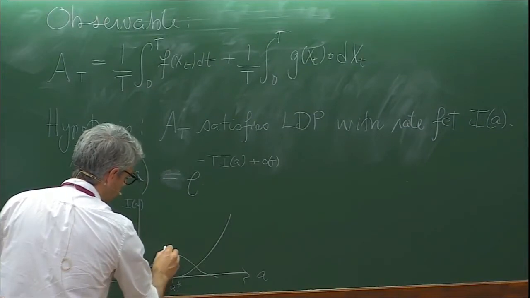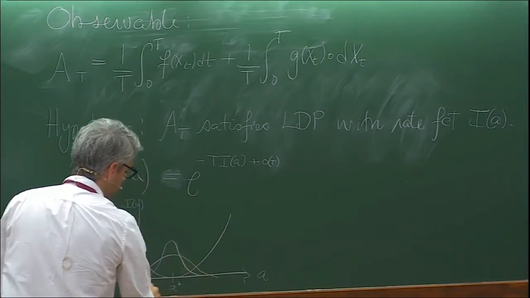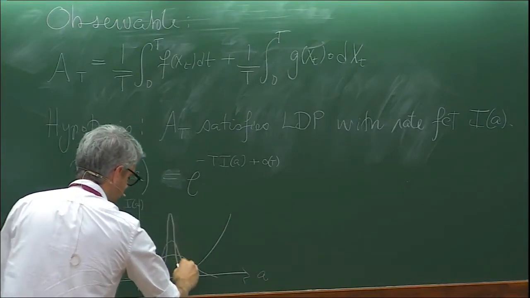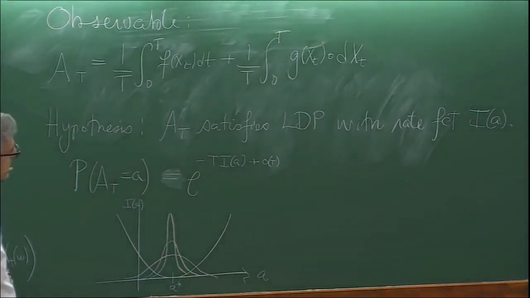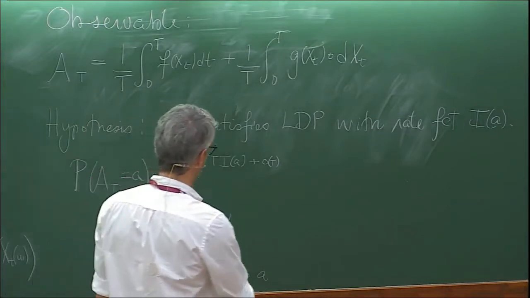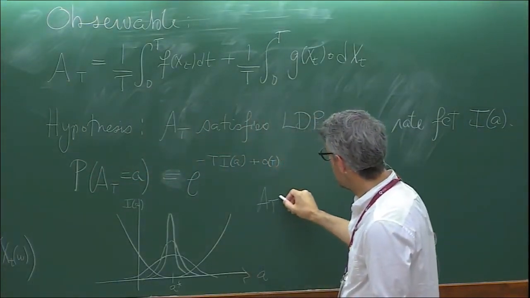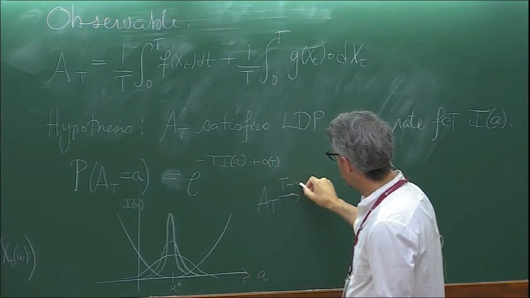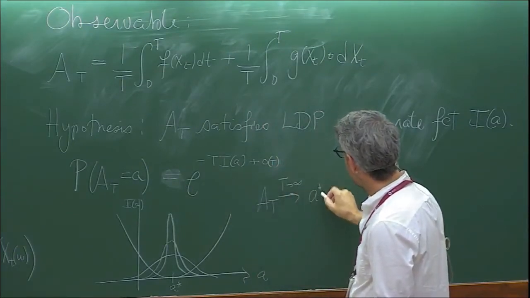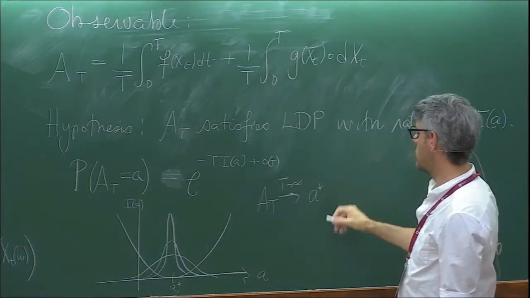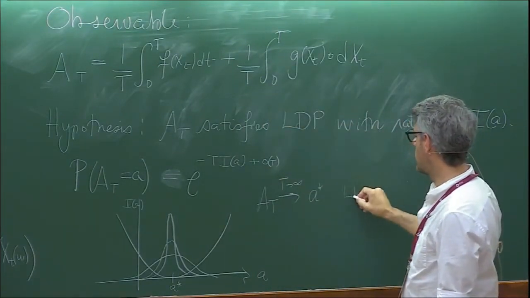For a longer time, you see the distribution concentrating around that mean, and then for a very long time, it becomes really peaked, exponentially peaked around the mean. So as the time goes to infinity, the running average A_t, the ergodic mean, converges to the mean. Okay, so that's the law of large numbers.